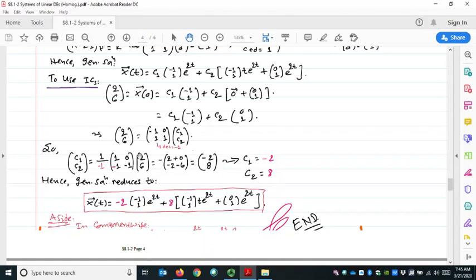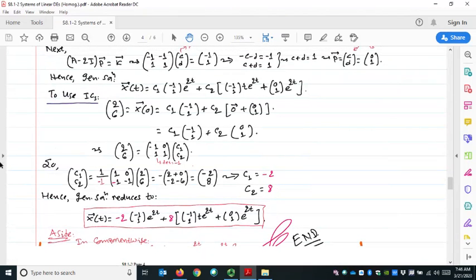So 1 times 2 is 2, plus 0 times 6 is 0, so 2 plus 0, which is 2, multiplied by this minus later gives you minus 2, and minus 1 times 2 is minus 2, plus minus 1 times 6 is minus 6, so minus 2 minus 6, which is minus 8, multiplied by this minus gives you plus 8. So we found c1 is negative 2, c2 is 8.